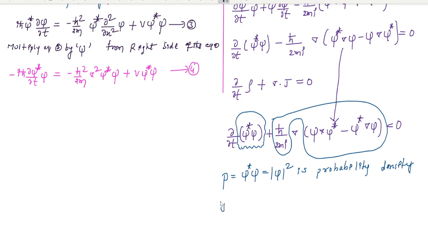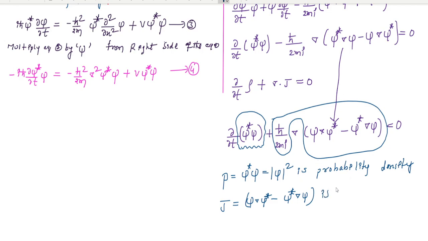Next one is very, very important. The J term, the current density term, wave function ψ, ∇, complex. This constant term, I just neglected this one. Okay. If you want to put this constant term ħ divided by 2m also, that is fine. So these two terms represent, one is probability density and one is current density.